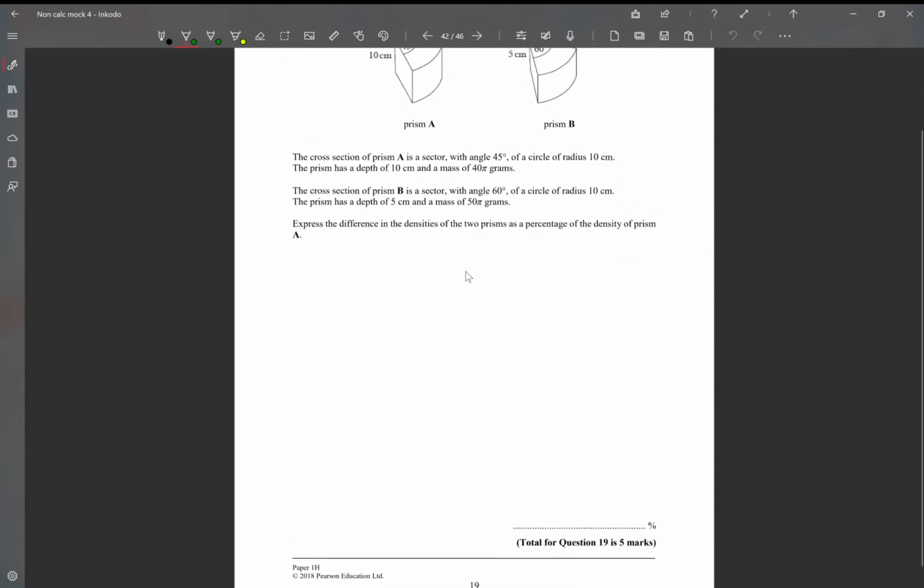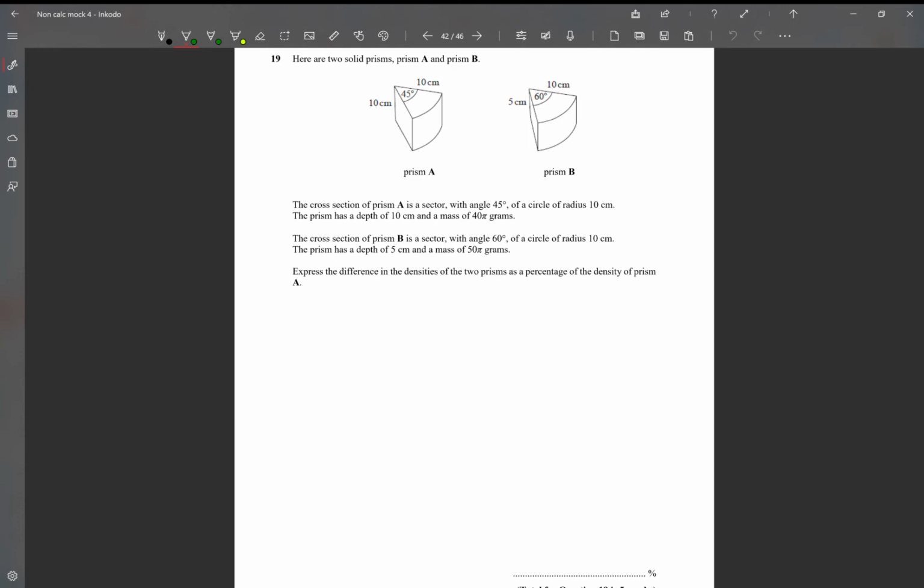There's quite a lot to do because you've got the density, mass, volume triangle, and so obviously we need to first find the volume of these shapes, and you're given the mass, so it'd be mass divided by the volume to find the density. Okay, so let's start then.